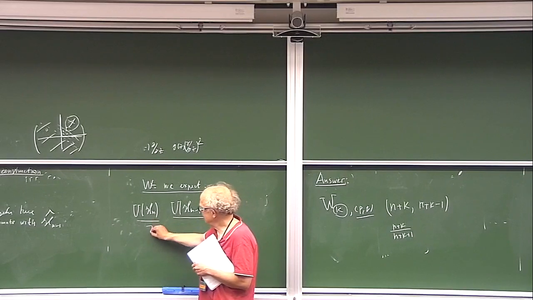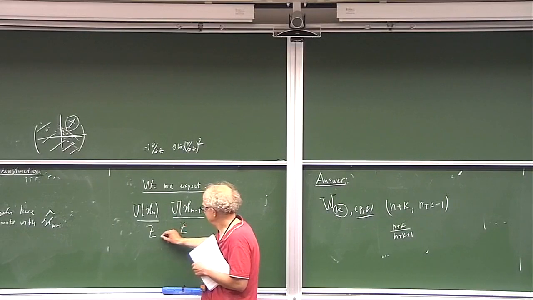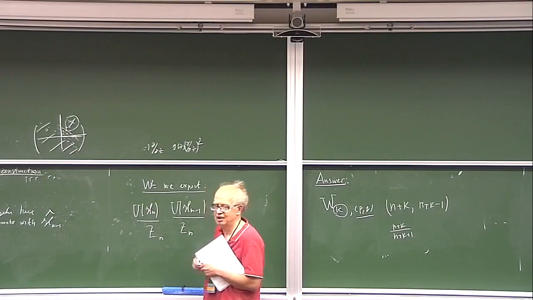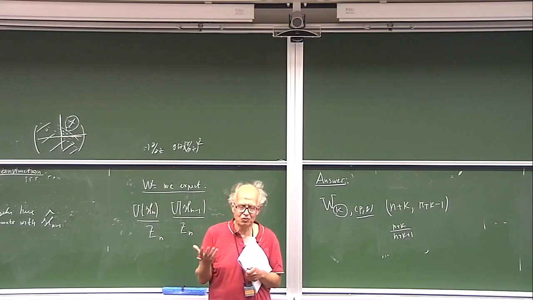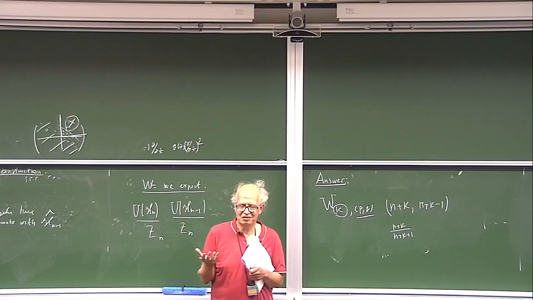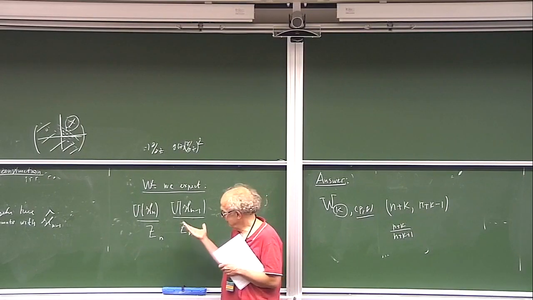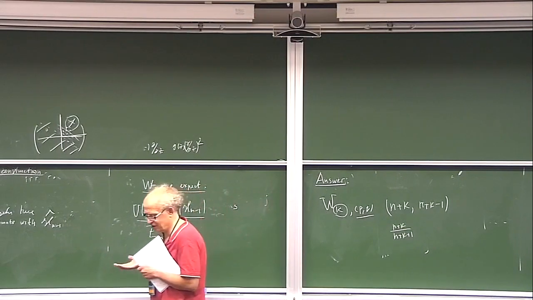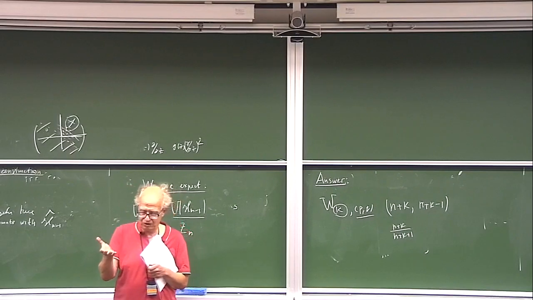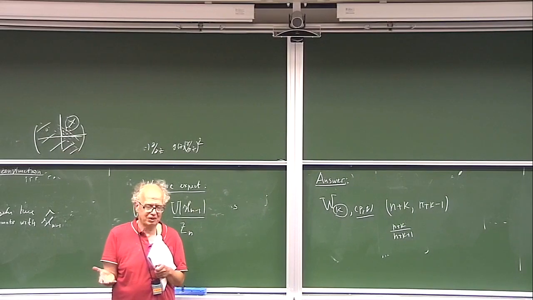We have the center in the big algebra and the center in the small algebra, and the commutant is generated by the two of them, the center of gl_N and the center of gl_{N-1}. This is a commutative algebra, and this is the reason why the restriction of an irreducible representation of gl_N to gl_{N-1} has a simple spectrum.